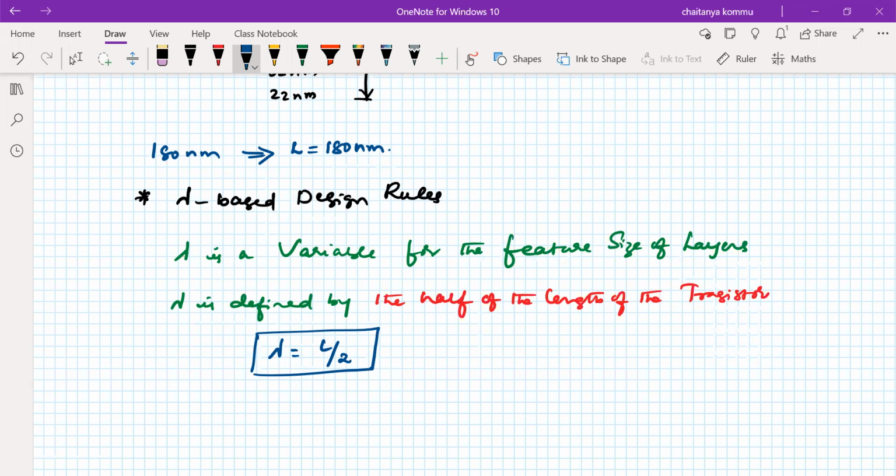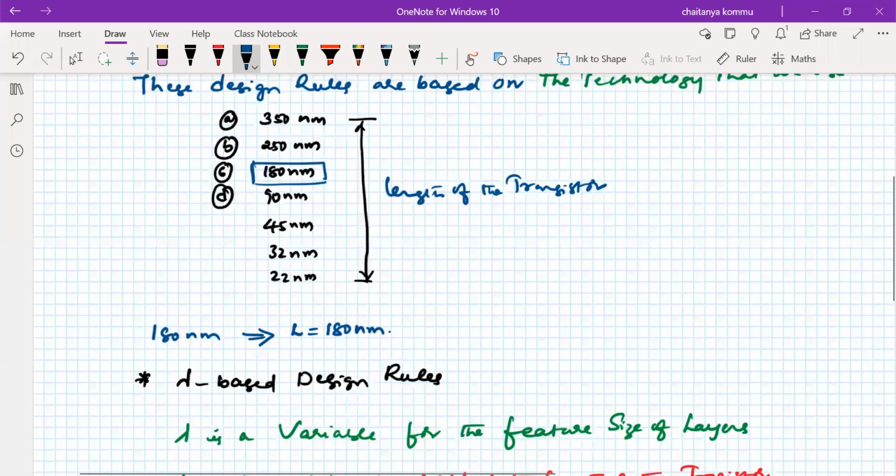Whenever I'm moving from one technology to another, I can just replace the lambda value with the particular technology. I don't want to consider it for the 350 nanometer technology individually, something like that. Generally, we use a generic way of representing the dimensions of the features in terms of lambda only.